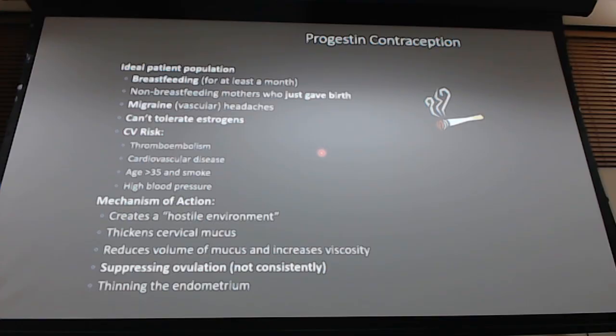For your non-breastfeeding mothers who just gave birth, depending on if they have a history of VTEs or not, for the most part, you can immediately start a POP, or you can start an implant. DMPAs, if they have a risk of VTEs, we try to stay away from those for a little bit longer, and that's the shot, because they think with studies it can sometimes increase the risk of VTEs.